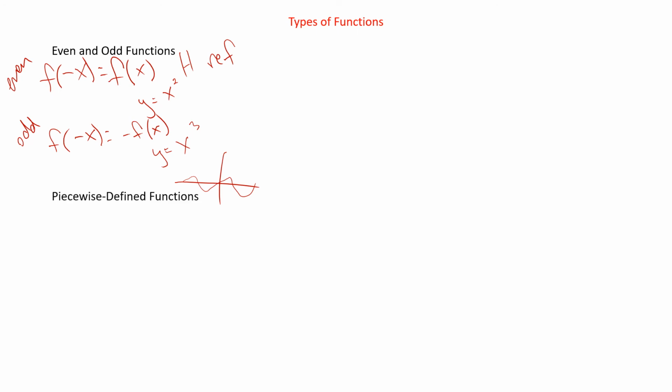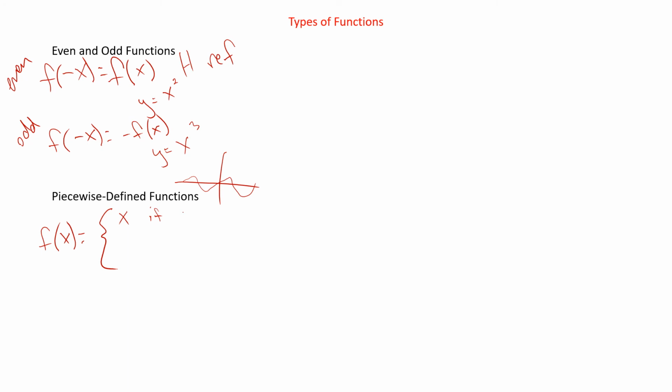Piecewise defined functions. We've seen these a bit. This is where you get things like f of x equals, and then you have a few different things. We might have x, if, or when, or sometimes it's just a space. That word doesn't matter.